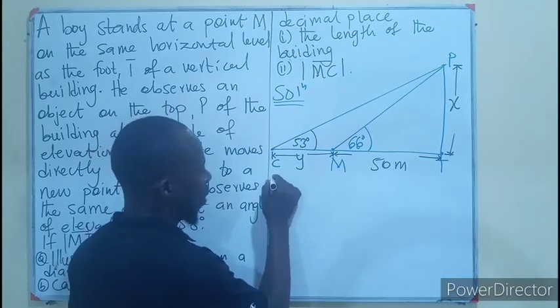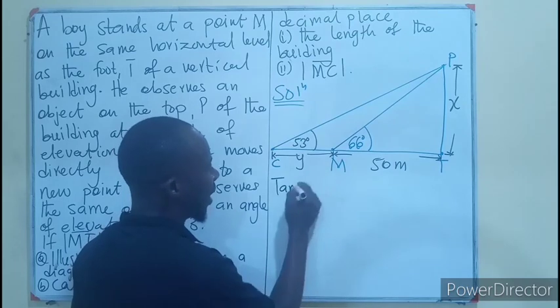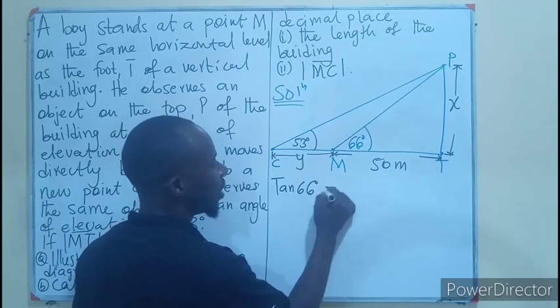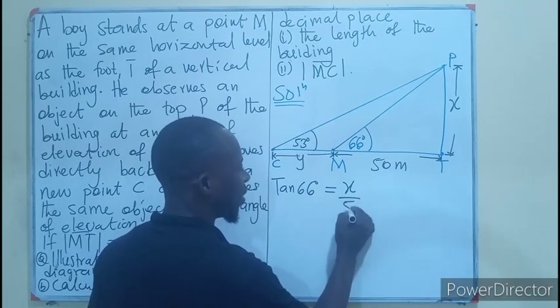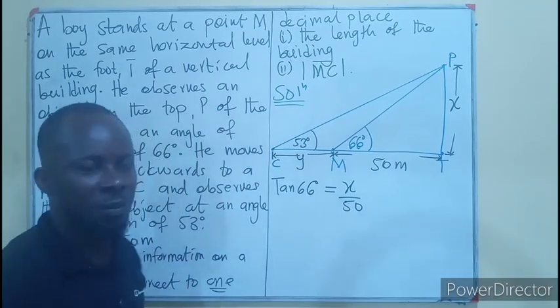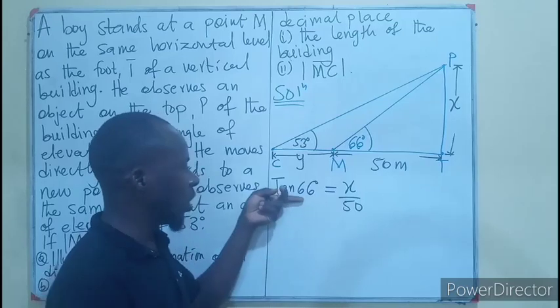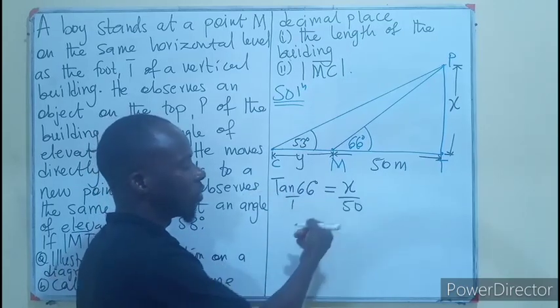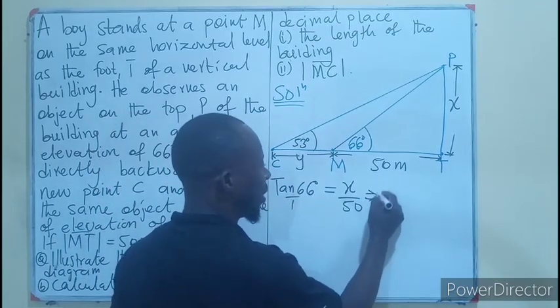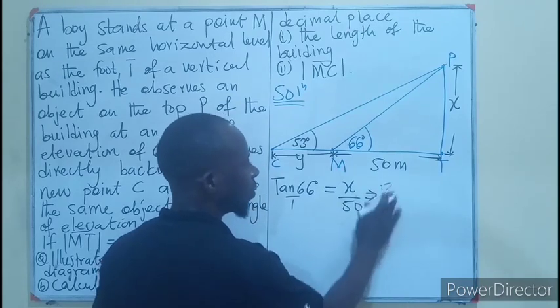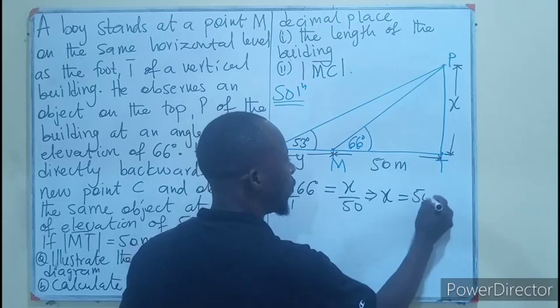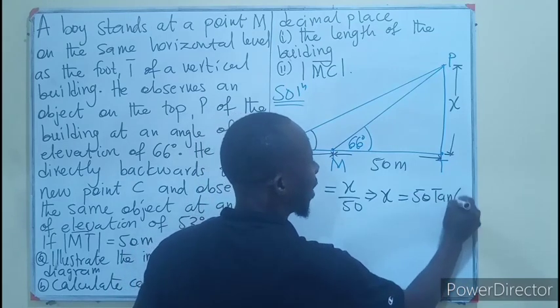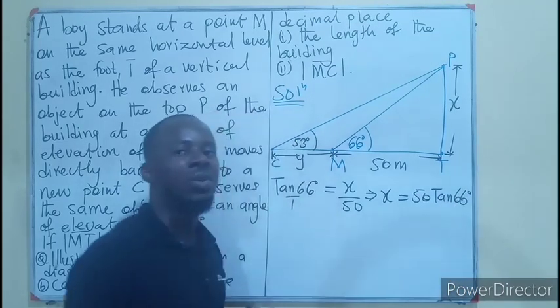So I'll have tan of the angle 66 degrees equals the opposite side over the adjacent side. We are looking for x. So if this is divided by 1, cross multiplication means x will be equal to 50 tan 66 degrees.